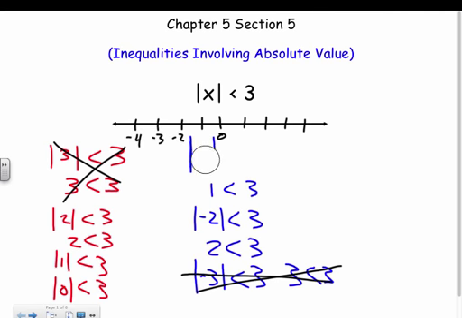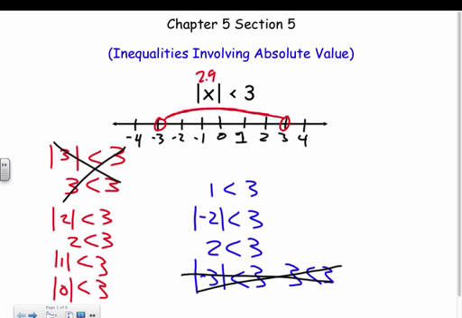If I graph this, like what we did with the compound inequalities and all those other graphs, -3 doesn't work. Neither does 3. But if I put in 2.9, that would work. So that's why I need to put the circles at 3 and -3. And I'm looking at everything in between, all right?